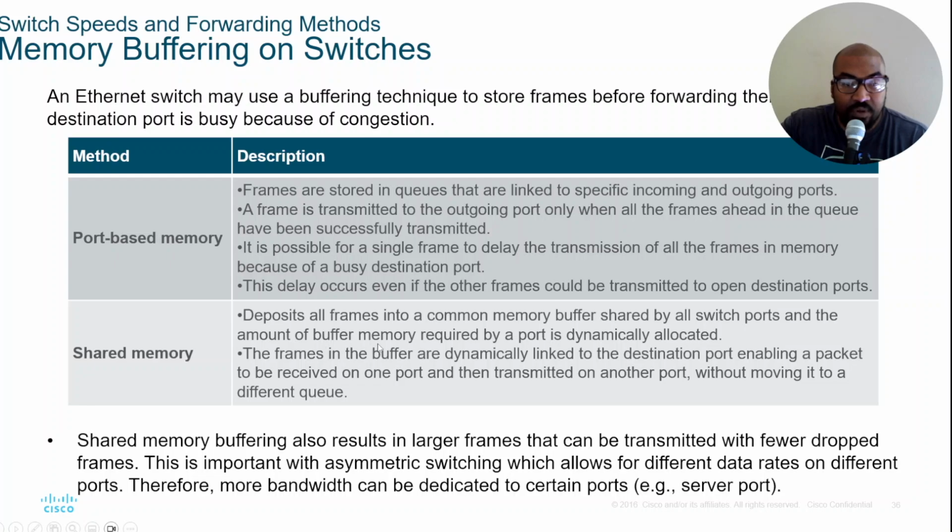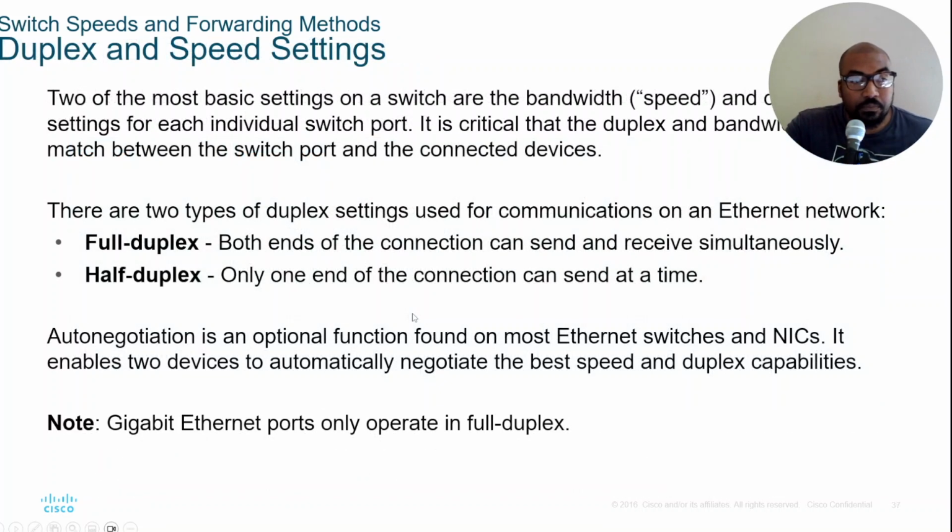The amount of buffer memory required by a port is dynamically allocated. The frames in the buffer are dynamically linked to the destination port, enabling the packet to be received on one port and then transmitted to another port without moving into a unique queue. So it just makes things move a lot faster.